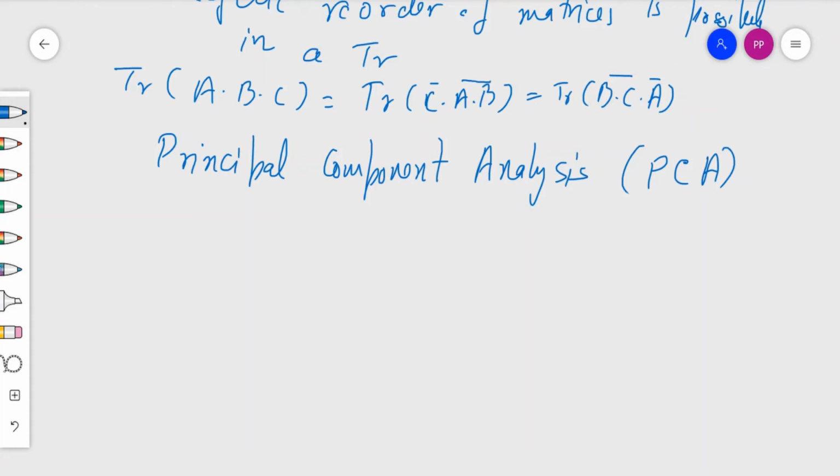Suppose we have a collection of m point vectors with each point of n elements.